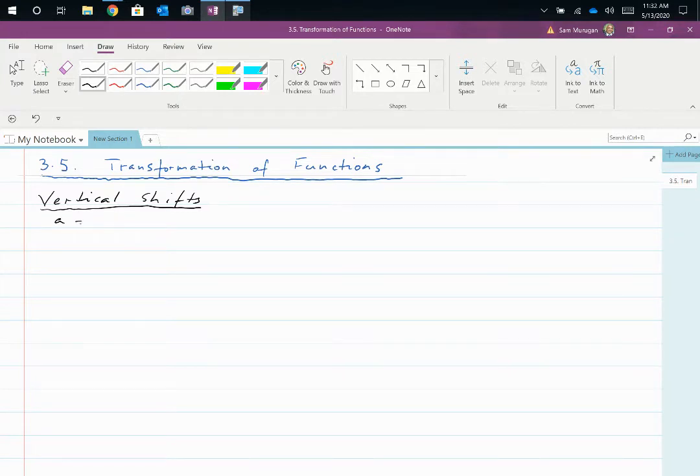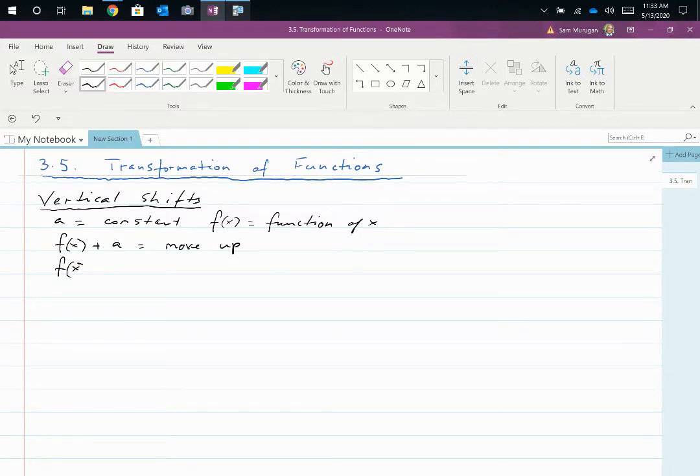If A is a constant, and f of x is a function, then f of x plus A, if we add a constant to the function, we move up.